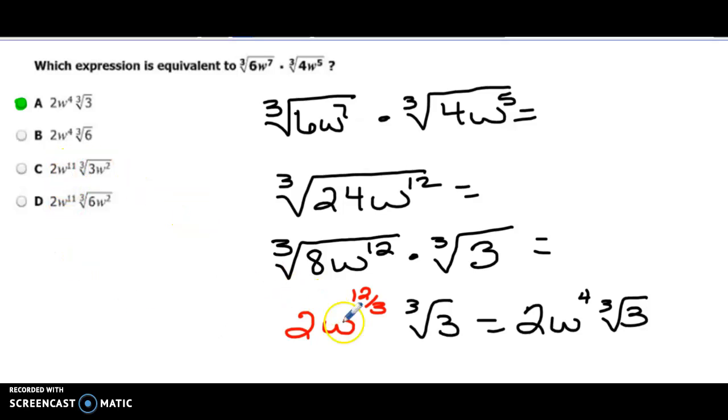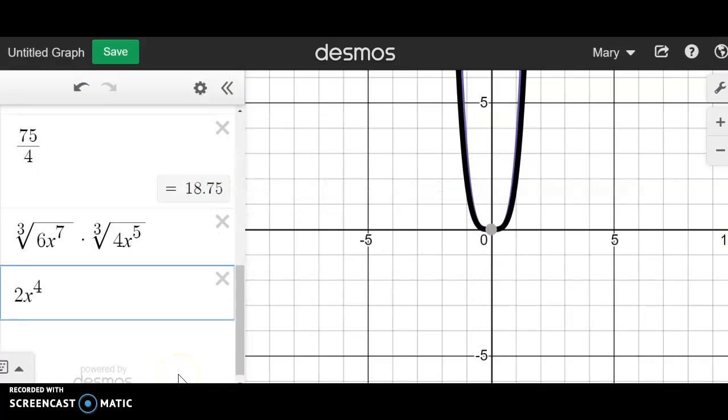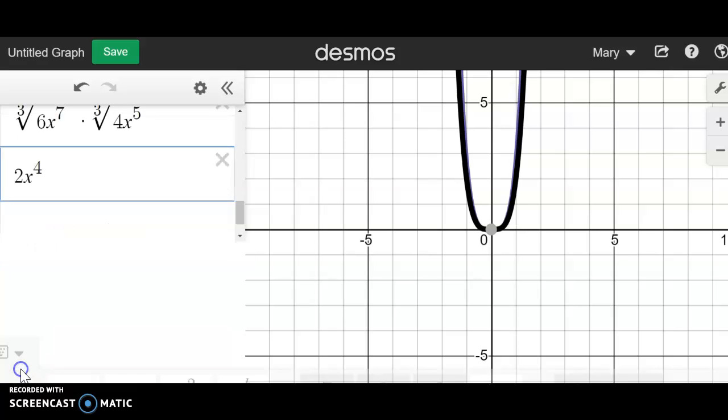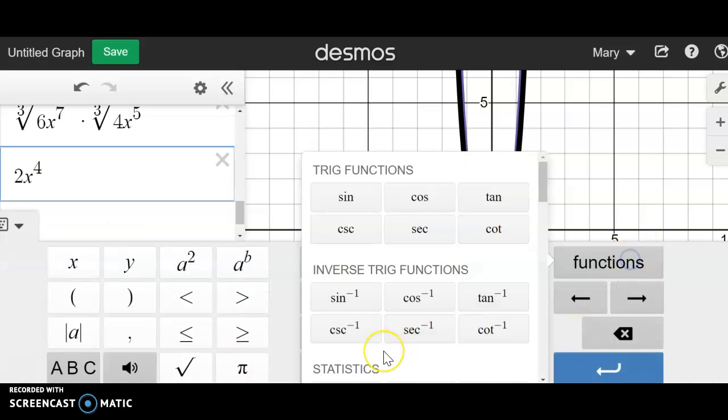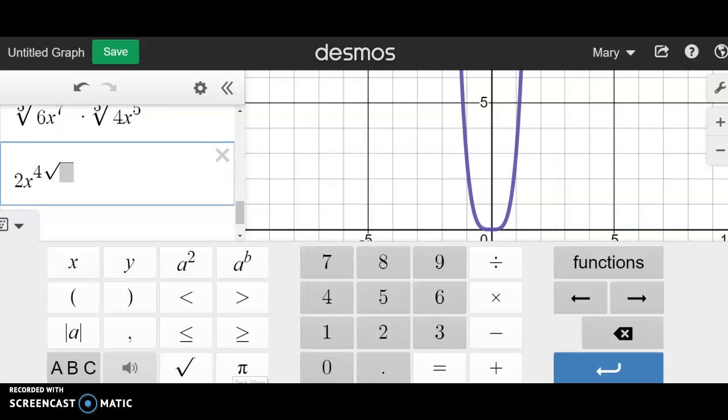So 2x to the 4th, 2x to the 4th times the cube root of 6.